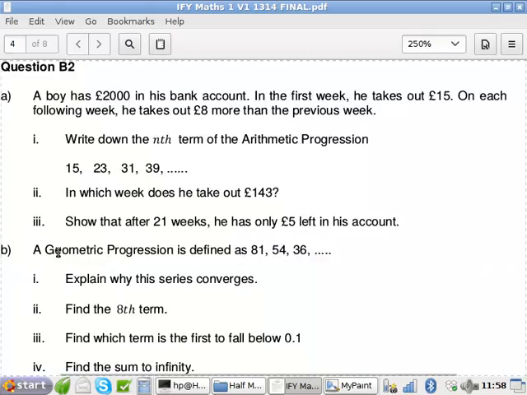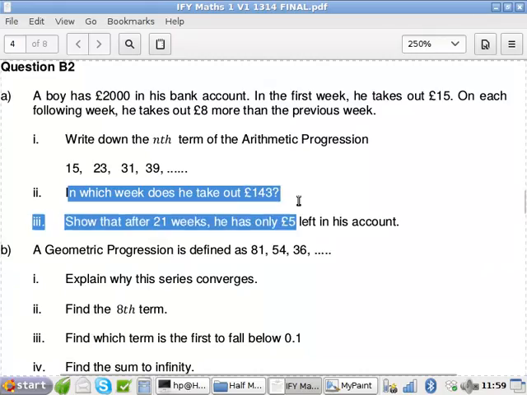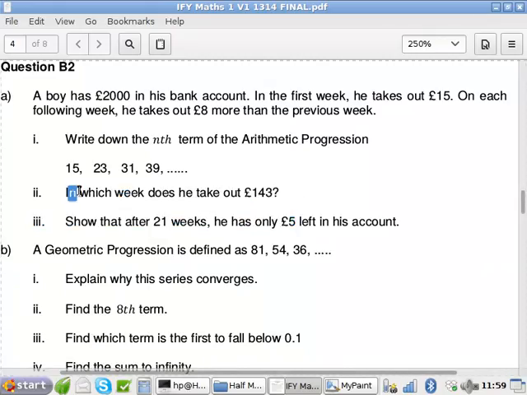Right. So the next part for you to try is, in which week does he take out £143? Okay, so have a look at that.